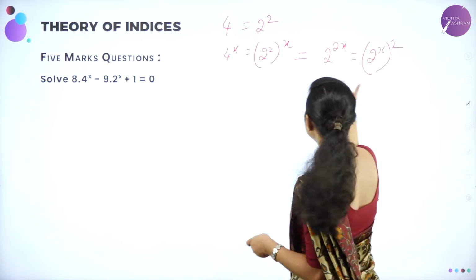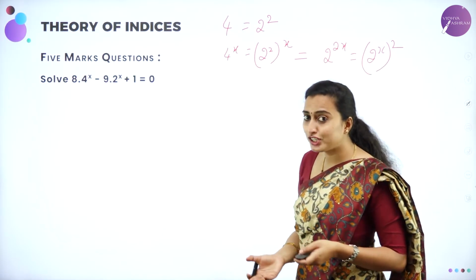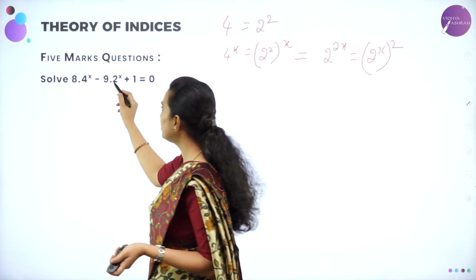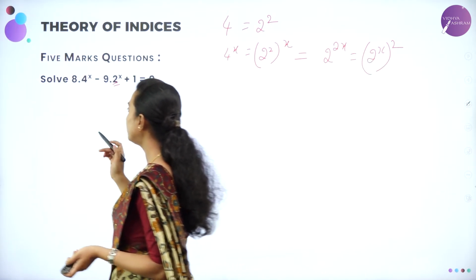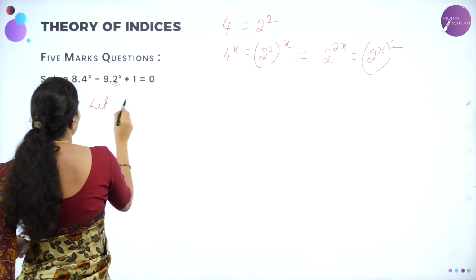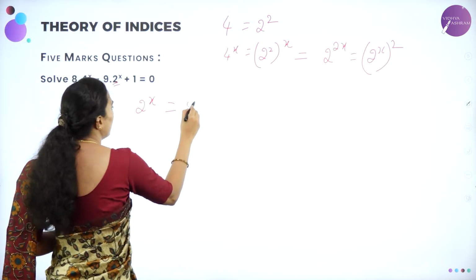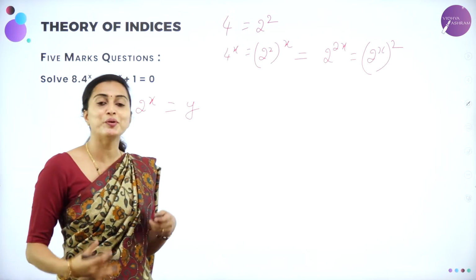So this is according to the formula I have written. What is the substitution? Because I am having here 2 power x, I can make this one as y. Let 2 power x is equal to y.